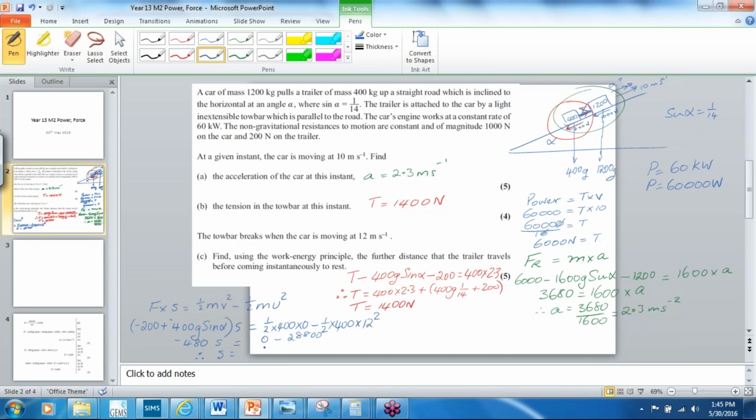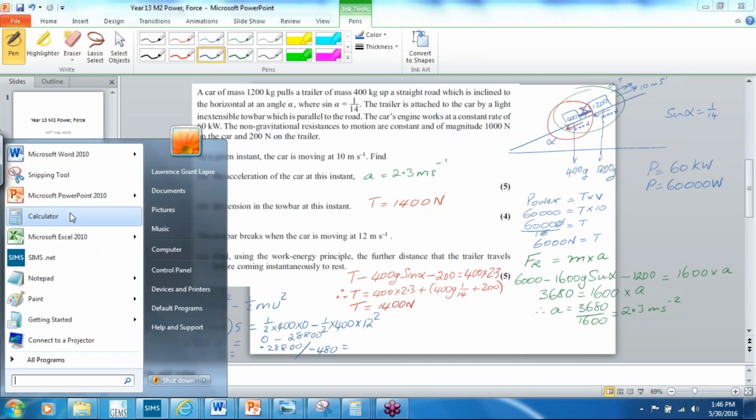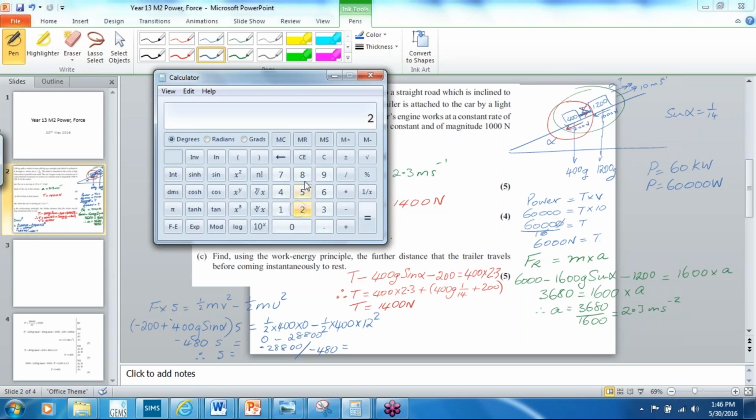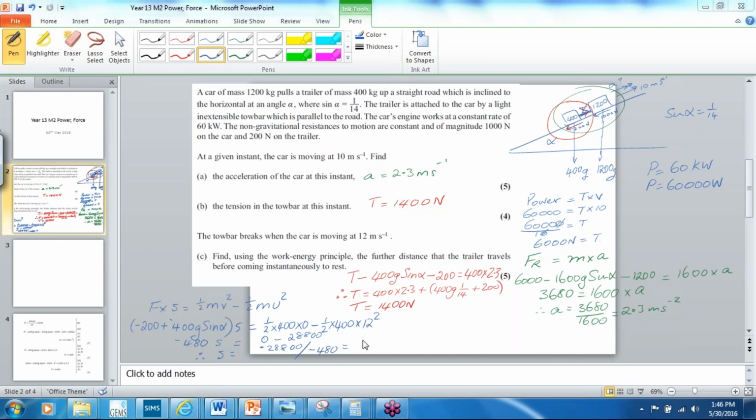Therefore, our s will be negative 28,800 divided by negative 480, which, two negatives make a positive, equals 60. So our distance traveled after the tow bar breaks will be a further 60 meters.